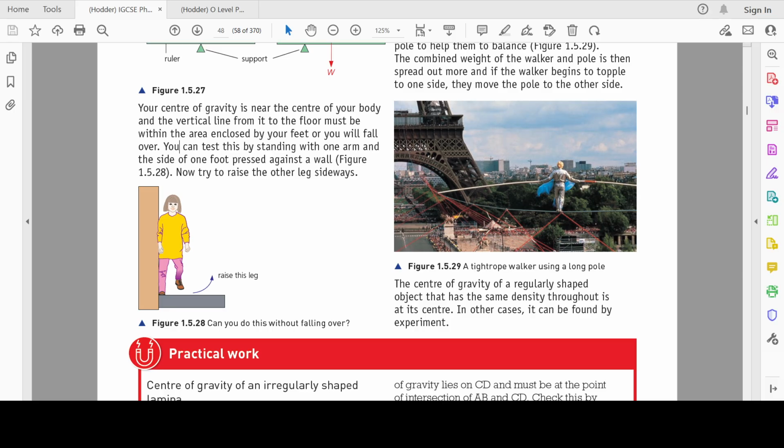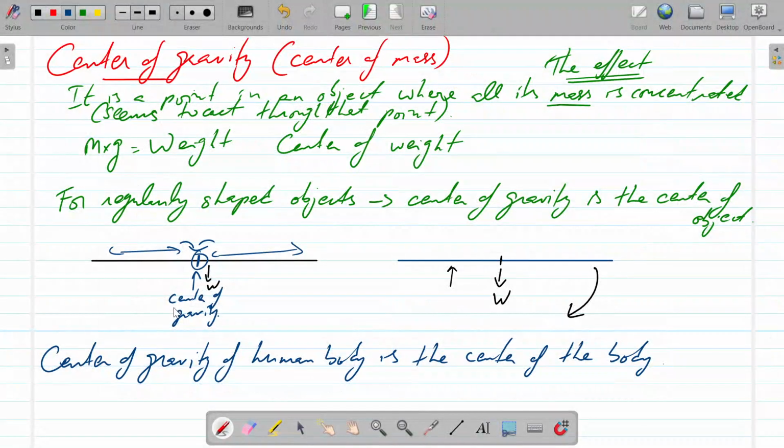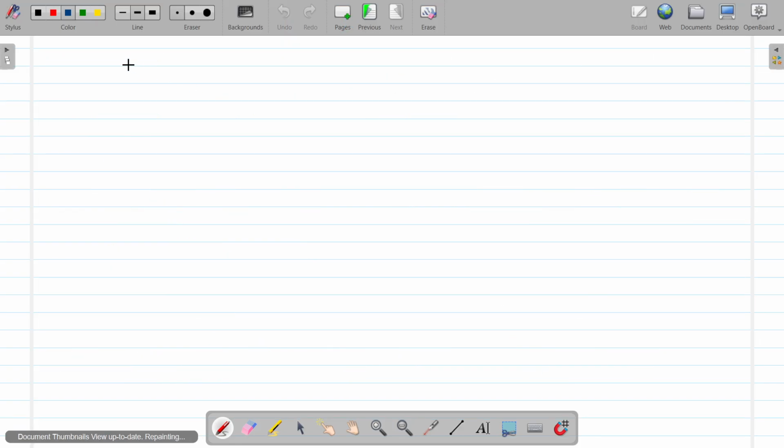So going back to the whiteboard, stability.